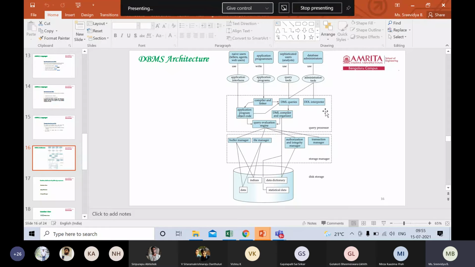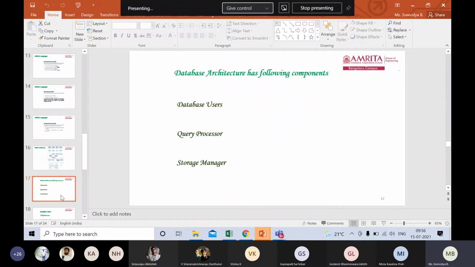You have a query processor, the first component of a database architecture which the user is going to interact with. The query is processed and the appropriate storage manager is going to carry out its task, and finally it is stored in the appropriate storage areas. It could be a data dictionary, indices, and the actual data storage. We'll have a brush up on these also. This is required actually.